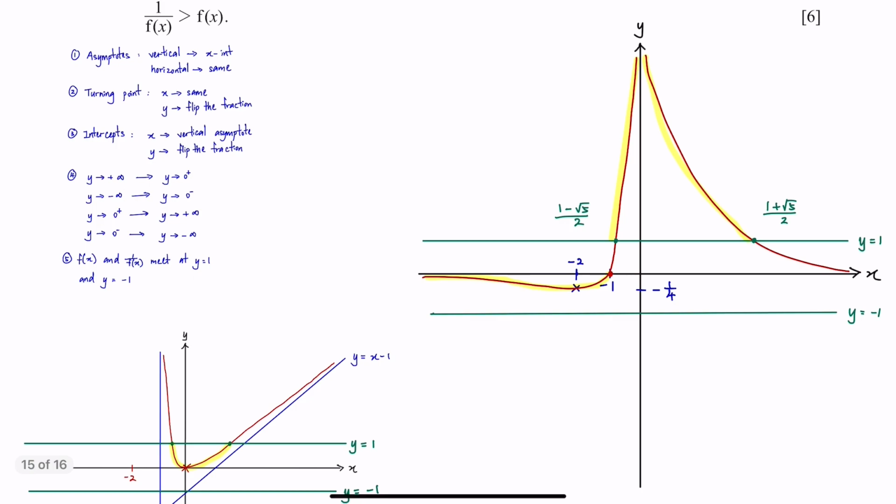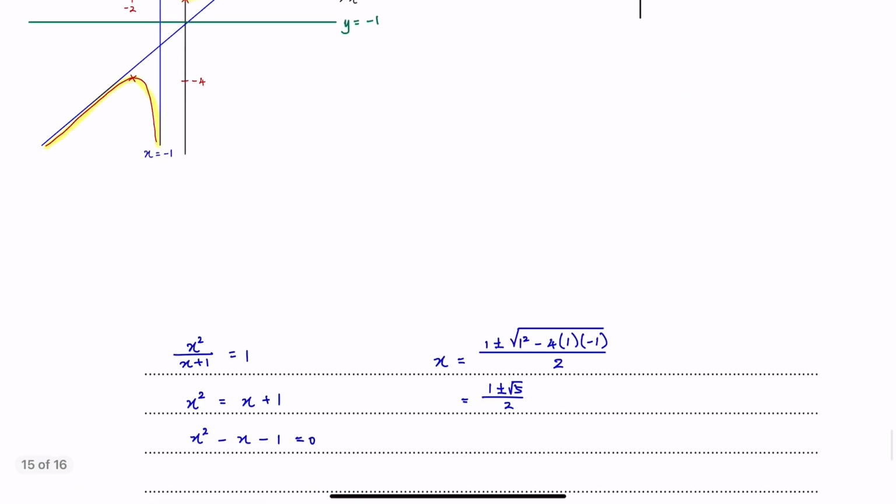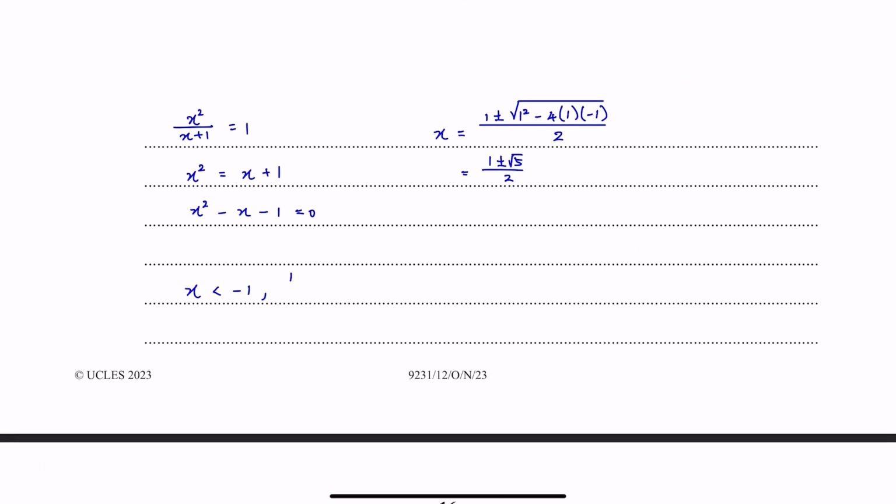And for this area, we can say that it's in between these two x values, but x is not equal to 0. Okay? So 1 minus square root of 5 over 2 less than x less than 1 plus square root of 5 over 2, and x is not equal to 0. And we're done.